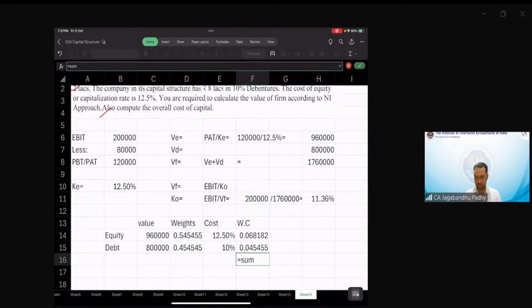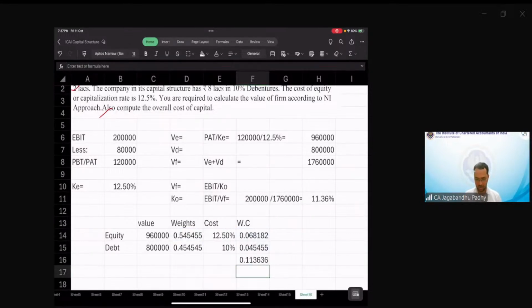Then you take a sum of this entire portion, and you can see the number or the percentage is the same as what we got using the other method also. So you can use either of these two methods. You can take the weighted average number, or you can also work around with this KO equal to EBIT upon value of the firm.